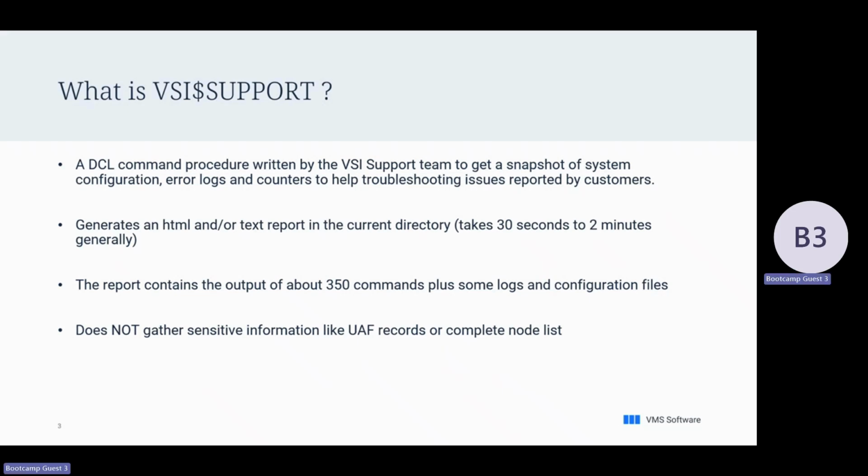It contains about 350 DCL commands and some log files, and also extracts of some log files. It does not gather sensitive information like UAF, user information, or a complete report of the network of the customer, which is just for the local node.